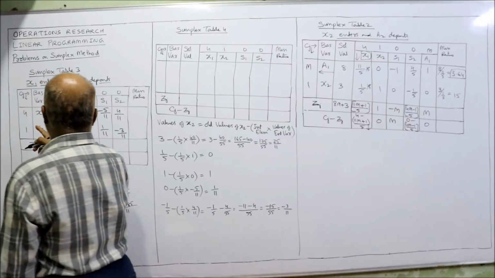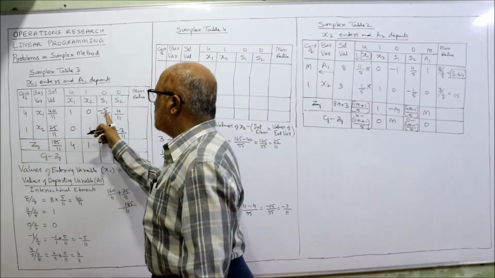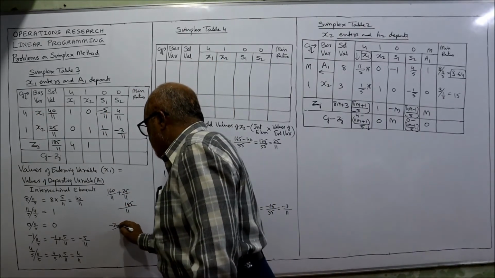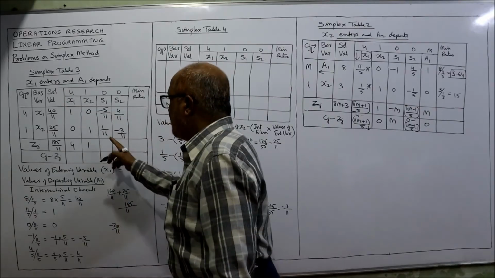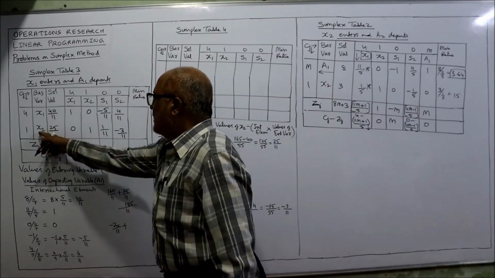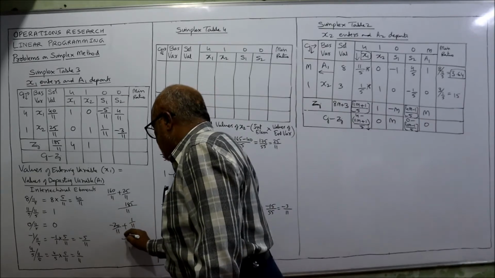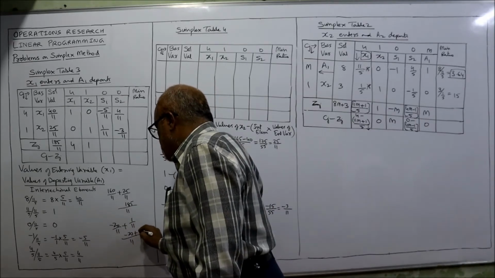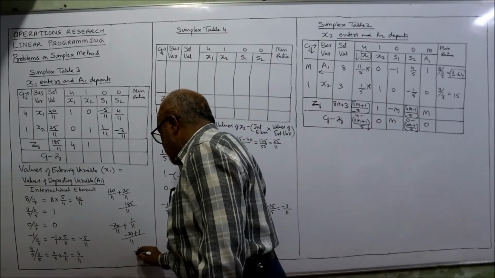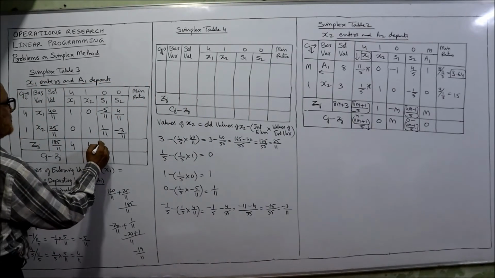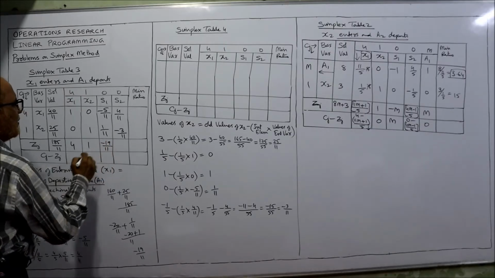Now here we have to carefully make the calculation. 4 into 5, 20. Minus 20 by 11. Plus 1 into 1 by 11 is 1 by 11. So LCM is 11. Minus 20 plus 1, so minus 19 by 11. The value is minus 19 by 11.